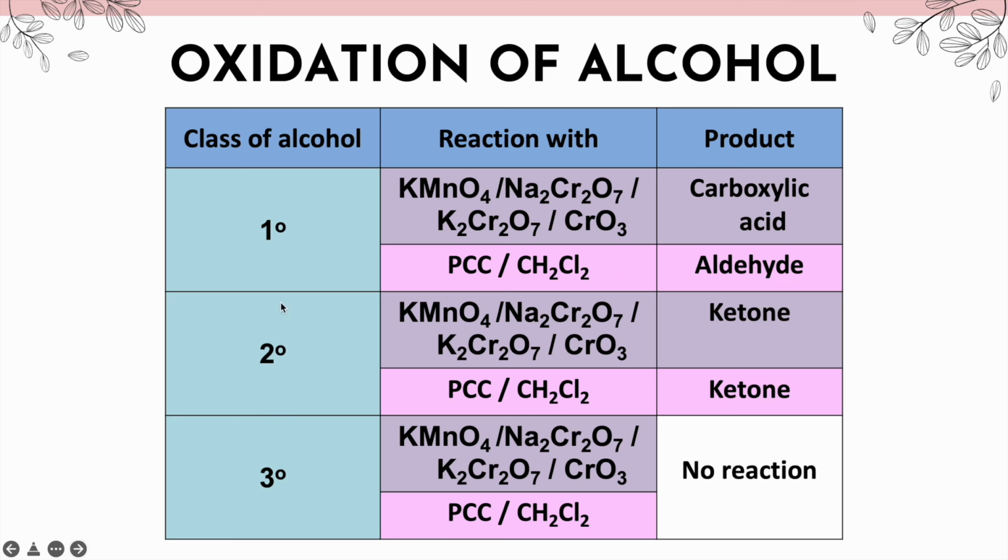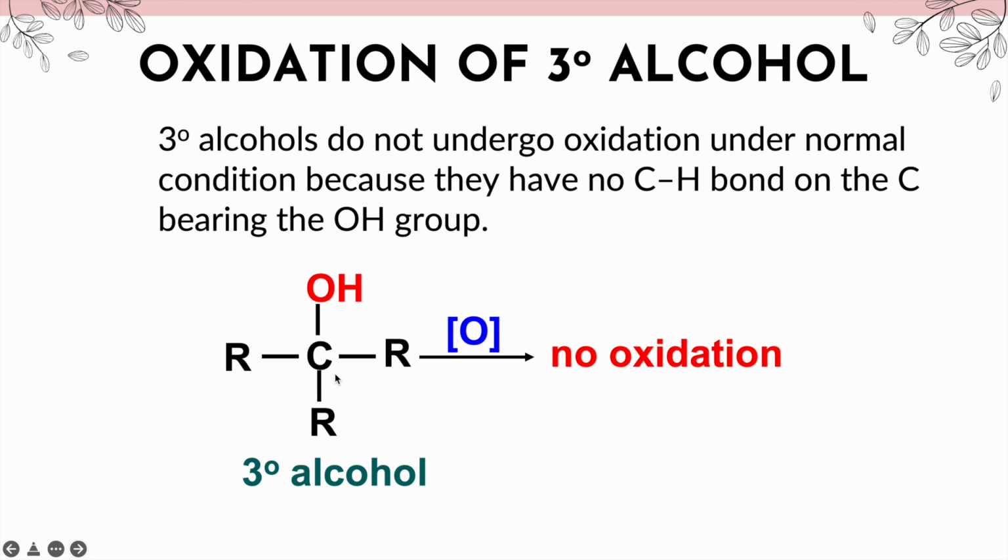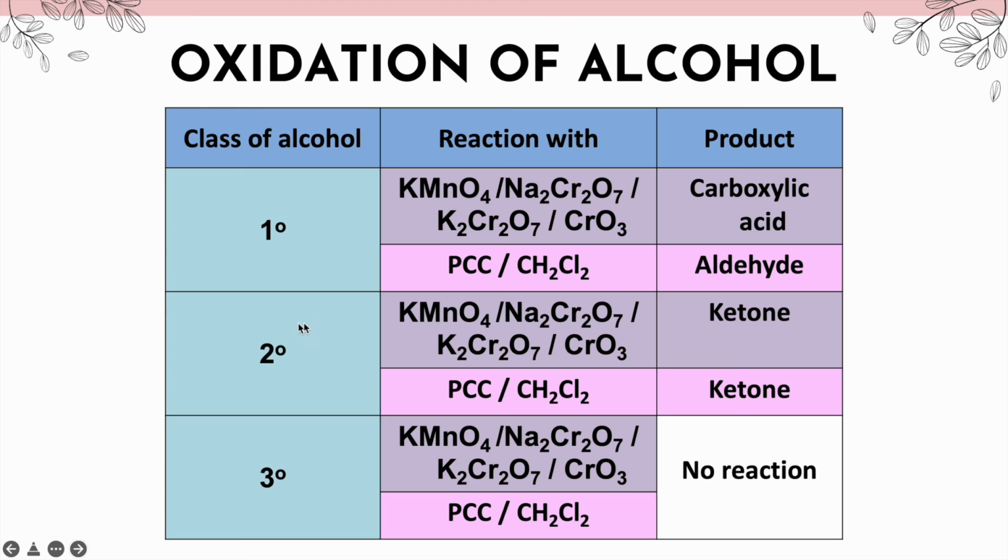For secondary alcohol, it doesn't matter whether you use a strong or mild oxidizing agent, both will produce ketone. For tertiary alcohol, no oxidation will occur. This is because in tertiary alcohol, there is no hydrogen attached to the carbon that is attached to the OH. That's why no oxidation for tertiary alcohol.